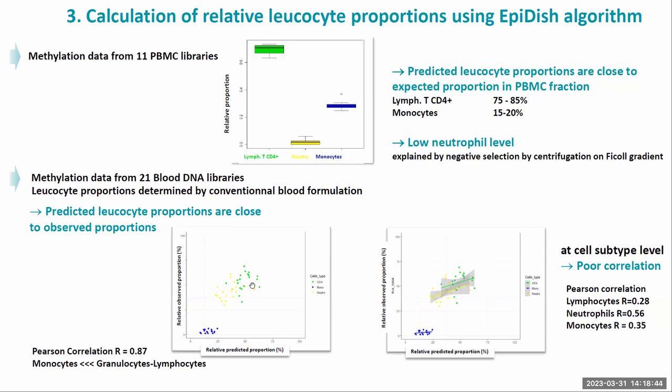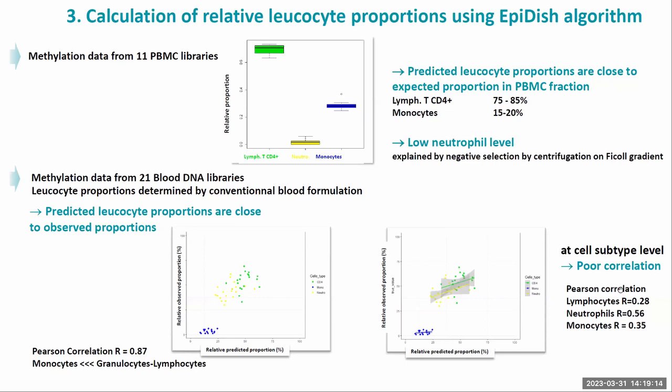We have a good prediction with a low monocyte level and a high level of granulocytes and lymphocytes. But at the cell subtype level, the correlation is not very good, because for all these three different populations, the Pearson correlation is decreased.